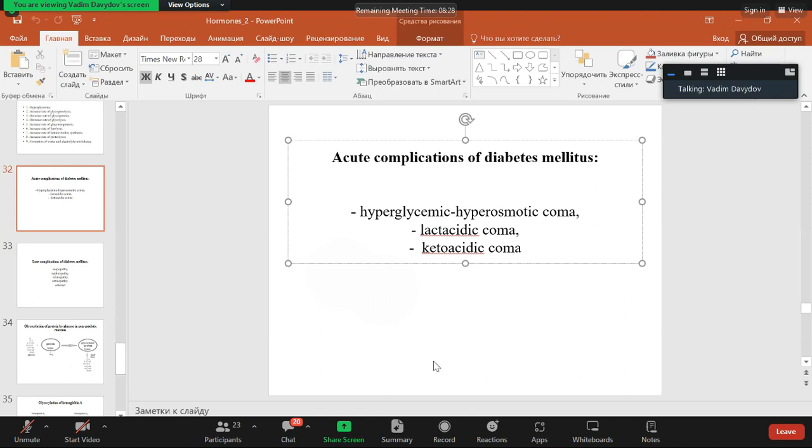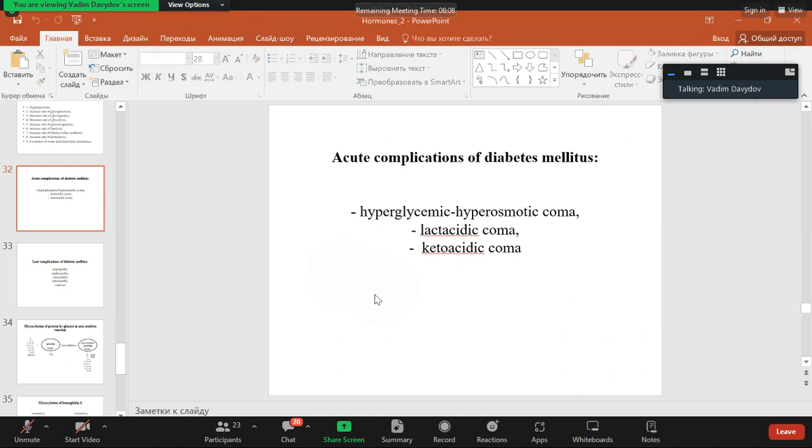Acute complications of diabetes mellitus are manifested by diabetic coma, an unconscious condition which may bring death to the patient if we don't help the patient with medicine on time. There exist different kinds of diabetic coma.